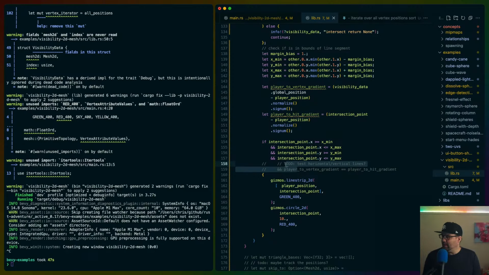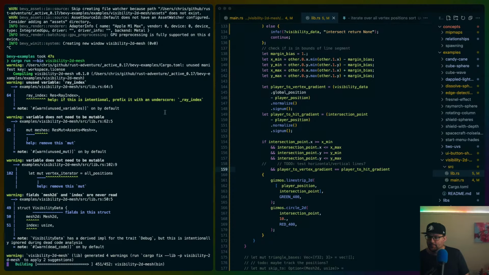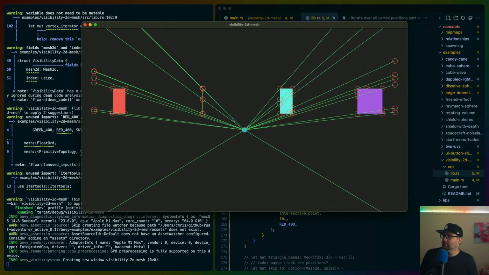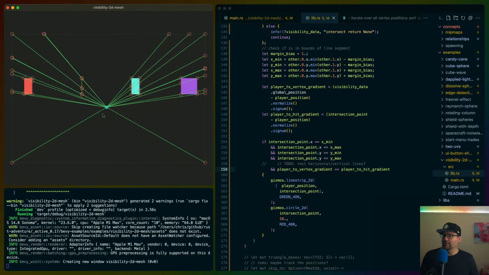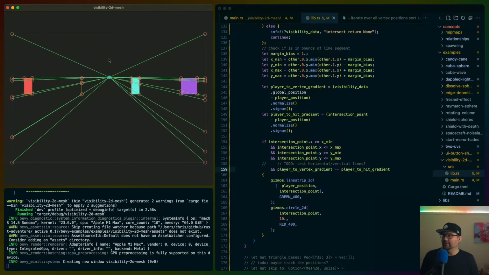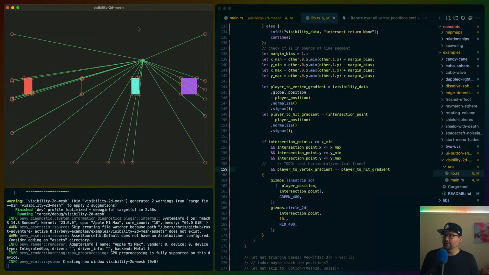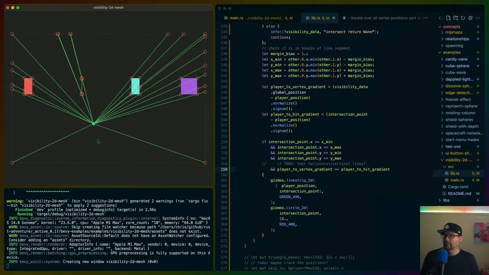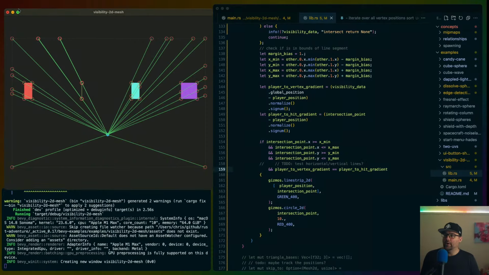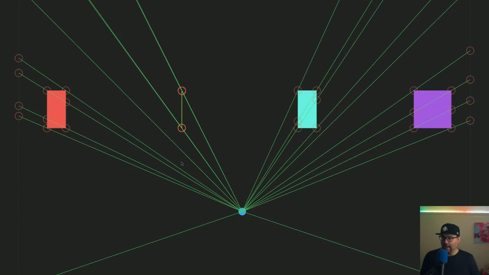And then we re-enable our other test and make sure that doesn't break anything either. I don't see any flashing. I think this is good. So now we are at the point where we have all of our raycasts and we just need to build our triangles.